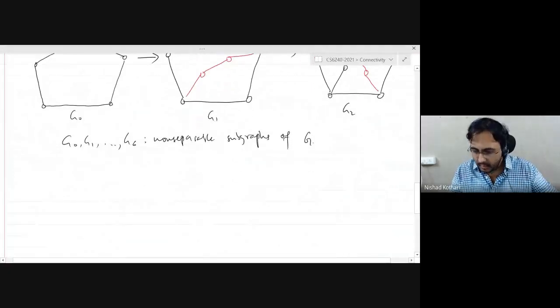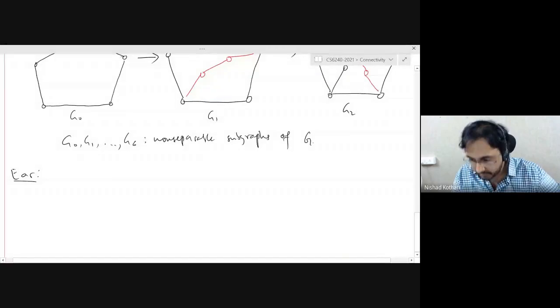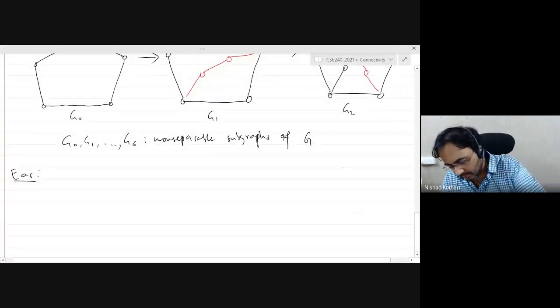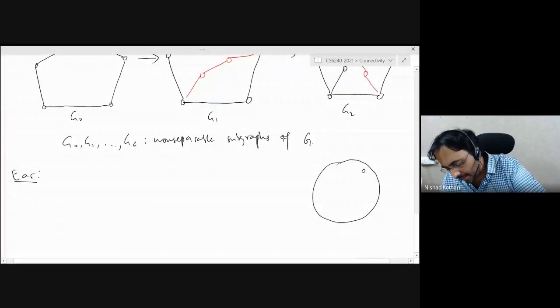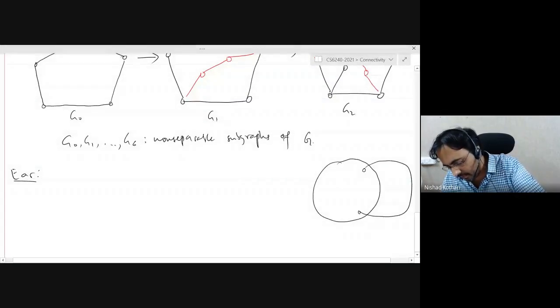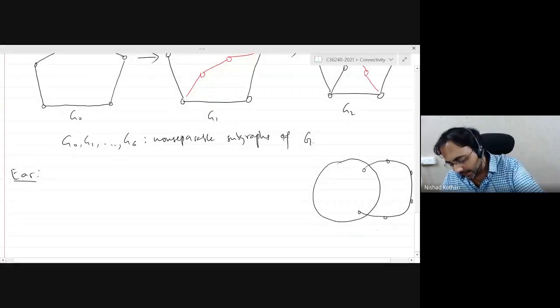Okay, so what is an ear? Here is the visual you want to have in mind. You have a subgraph and you are adding a path to it. Okay, and this looks like an ear. This is your ear.